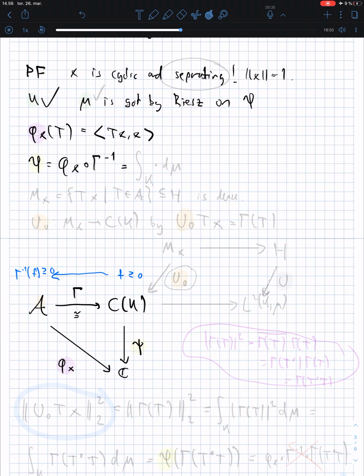Right? So my map psi, which is defined to be a functional on C of k, is actually better than that. It's a positive functional, so there is a positive measure which represents psi, right? So psi is actually going to be something that I get by integrating up against mu, right?